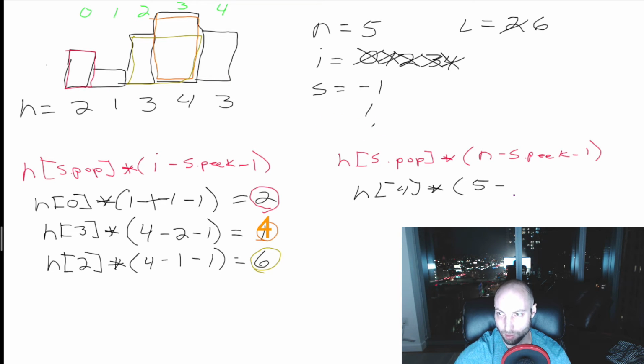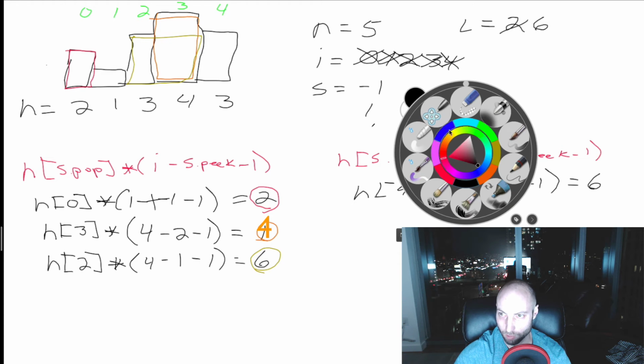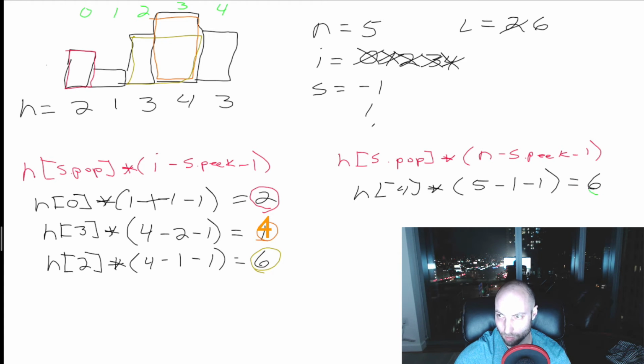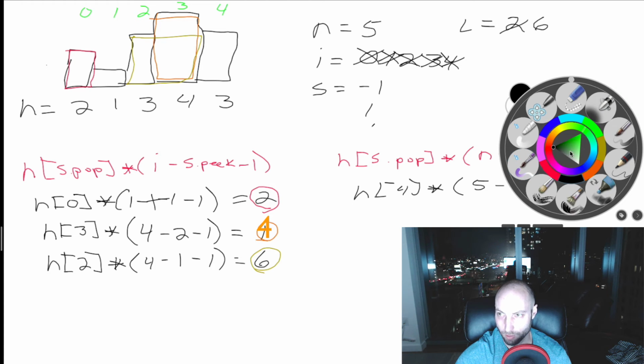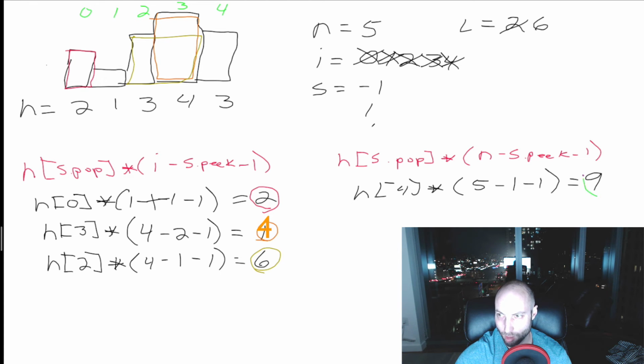So stack.peak is 1, minus 1. So 5 minus 1 is 4, minus 1 is 3, times the height at 4 is 3. 3 times 3 is 6. And that corresponds to this rectangle here. Or I'm sorry, that's 9. This problem is so confusing. 9. And that corresponds to this rectangle here.